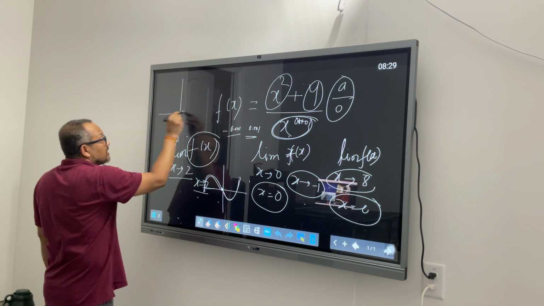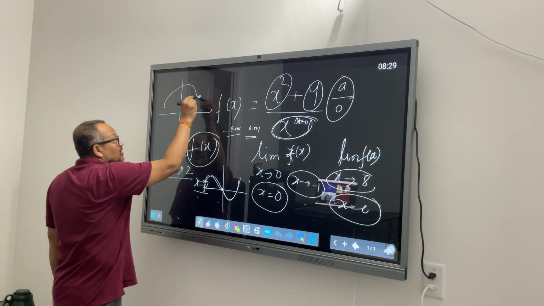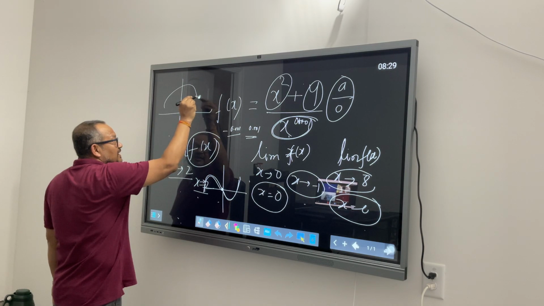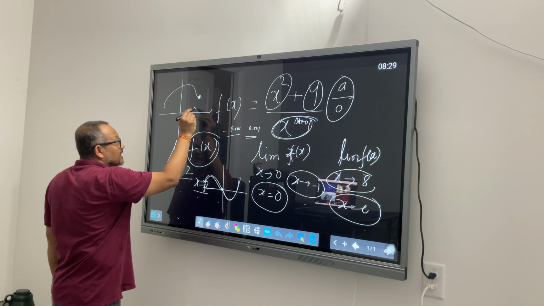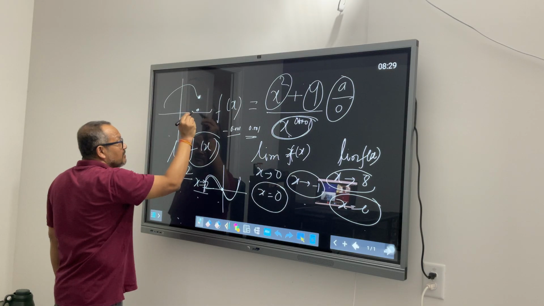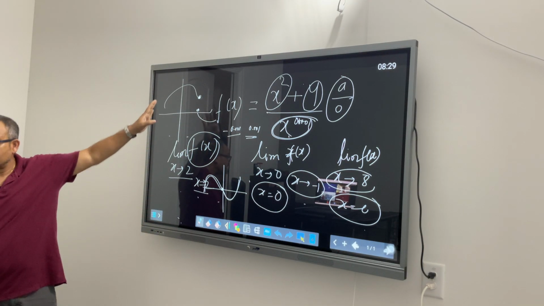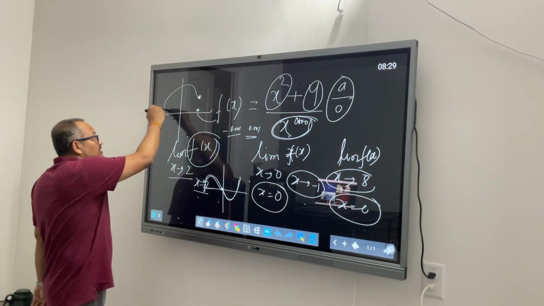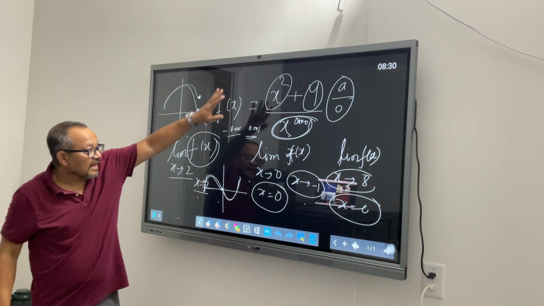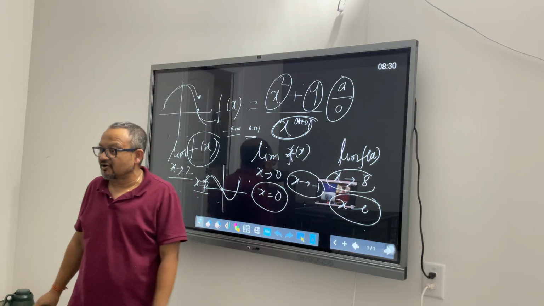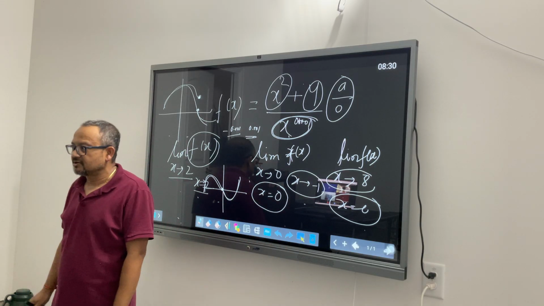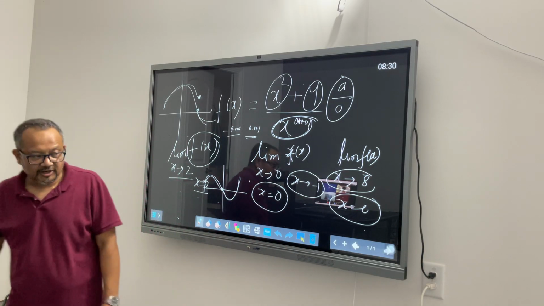Unless you are dealing with a graph like this, where you have a discontinuity from the positive side, from the negative side, then you will look at it based on the graph. If there is no break and your calculation algebraically is also giving you a value, then you are actually good.